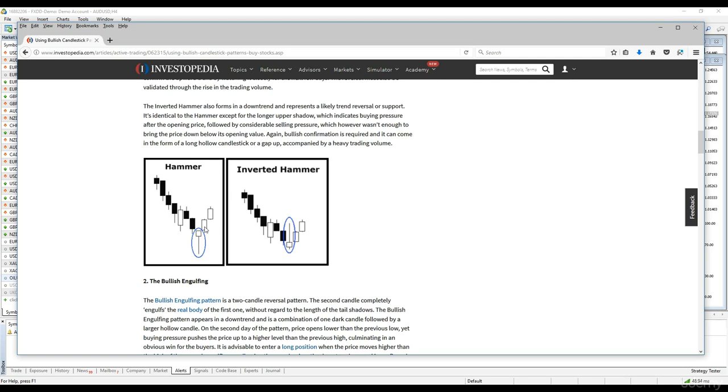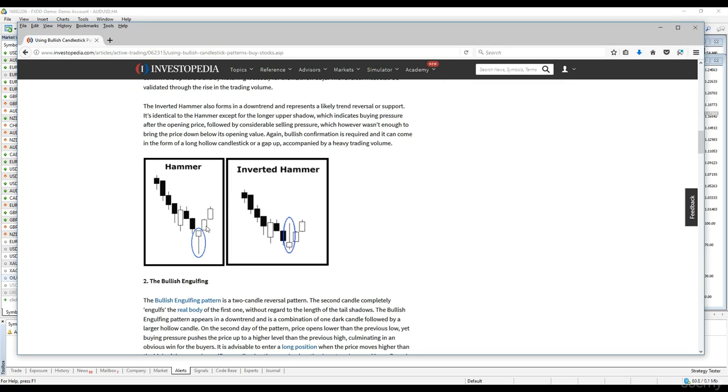So the white candles here are bull candles and the reds are the bear candles. So red is going down, down, down. And when we get this candle at the bottom where we get a nice long wick and then the body is actually a bullish candle, that typically means that this pair is either going to face a bottom, or we might get some sort of reversal or some sort of retracement in the short term.